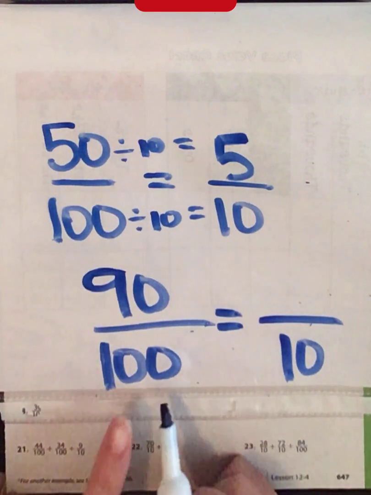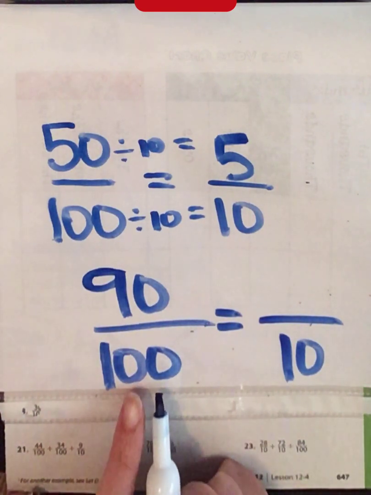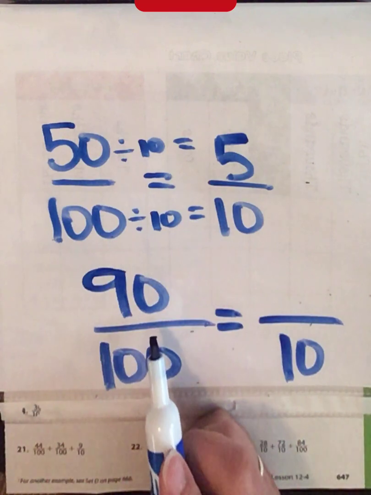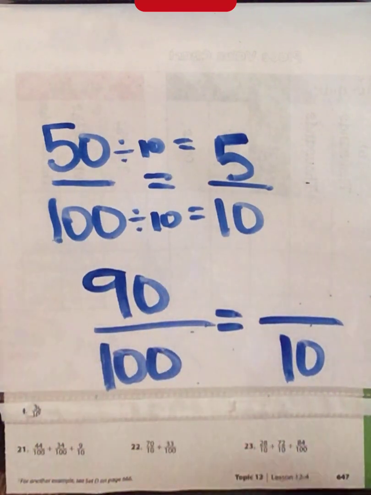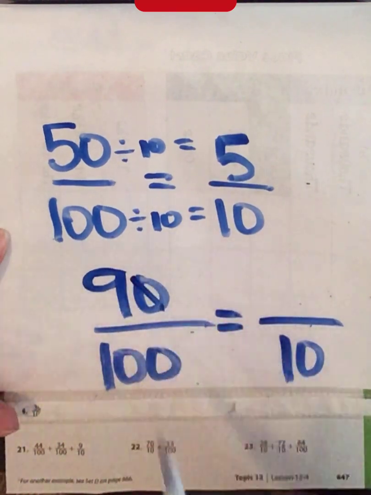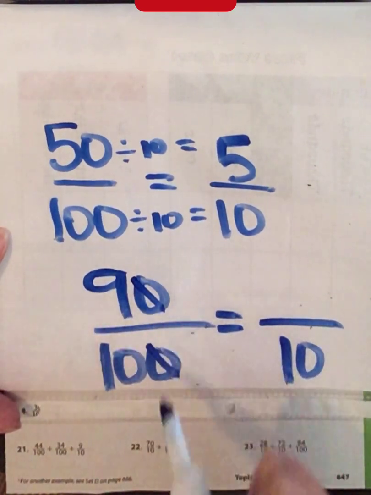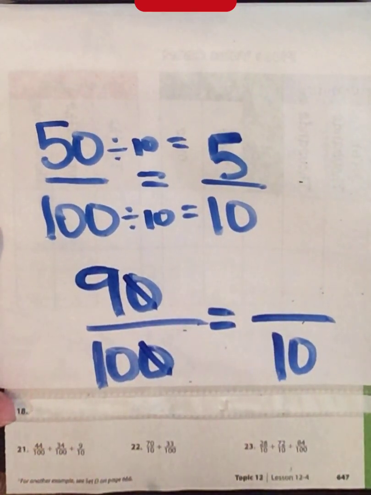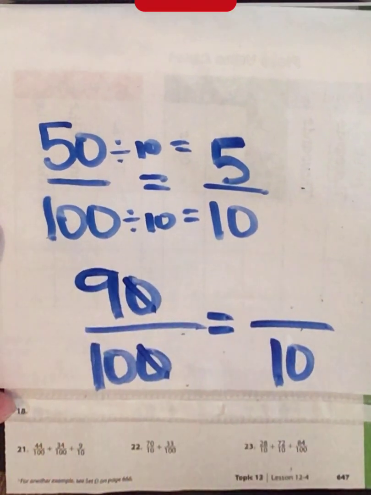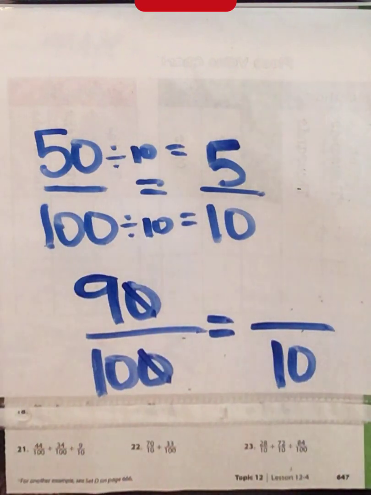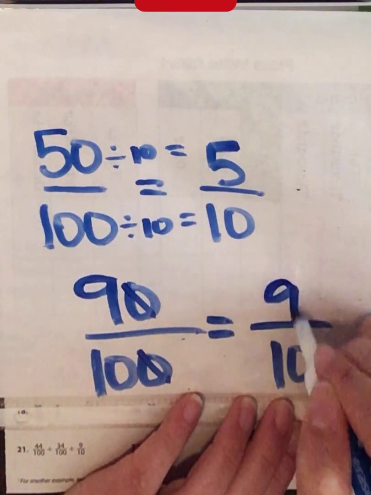How many zeros do you see on the bottom? 2. And how many do you see on top? Only 1. But we can simplify by taking 1 zero from the top and 1 zero from the bottom. If I can take the same amount, then I'm able to simplify. When I simplified and took out my zeros, divided by 10, I get 9 tenths.